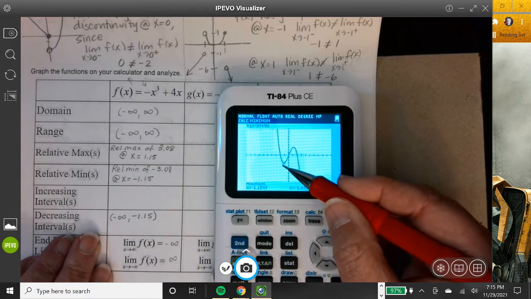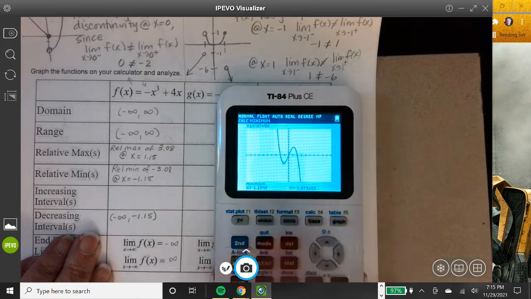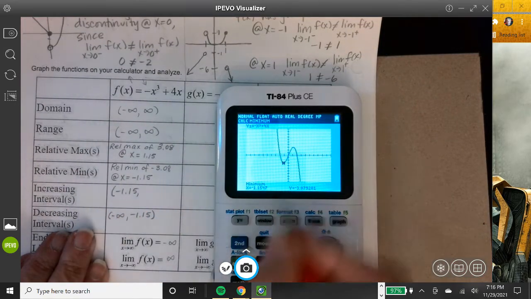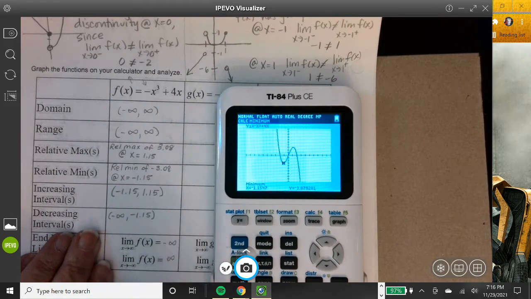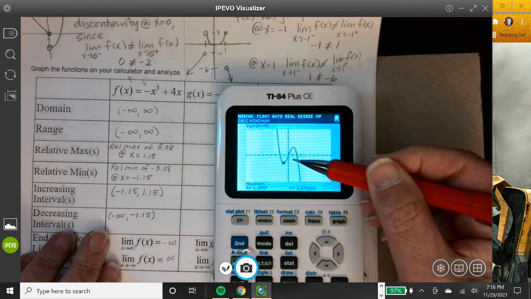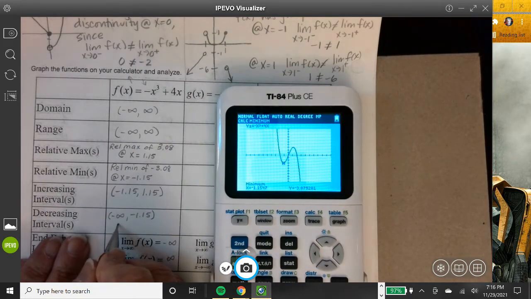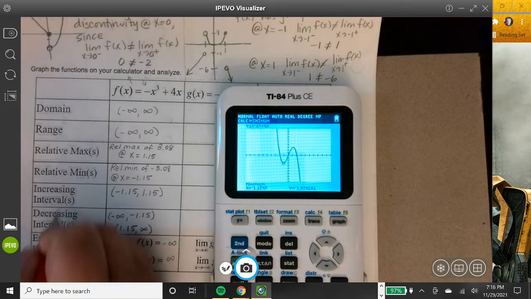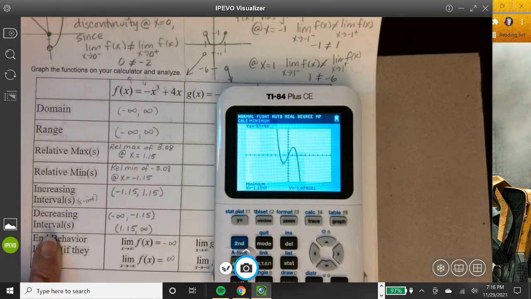And then it's increasing from negative 1.15 to positive 1.15. And then what happens after x equals 1.15? My function starts decreasing again. So this would be 1.15 to infinity. Okay, please note these are x intervals. That's a big deal.